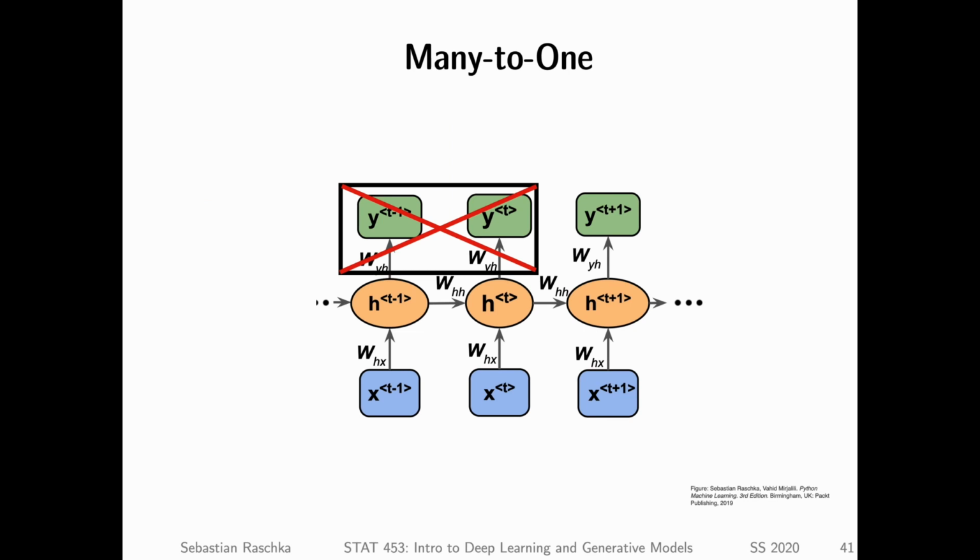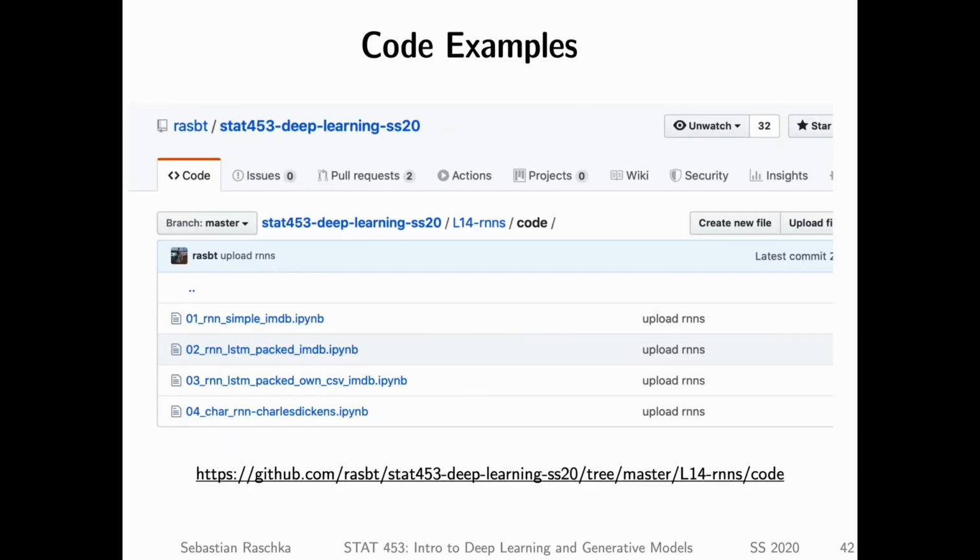If we think of it in the context of the previous slides with the many-to-many architecture, you can just think of many-to-one as having the many-to-many architecture, but canceling these outputs because we don't need them for the many-to-one.